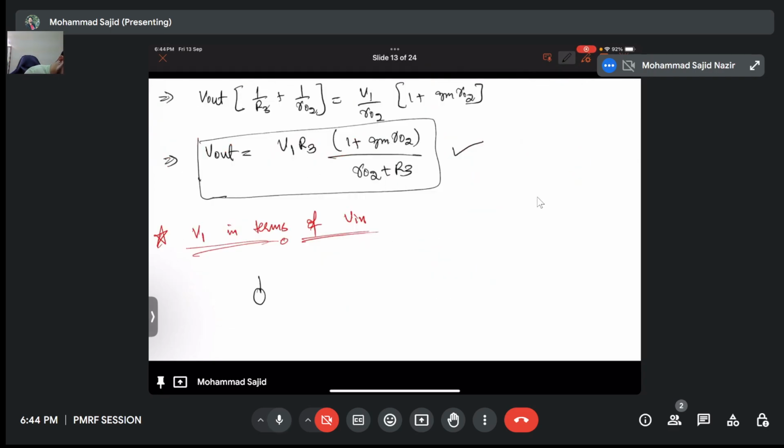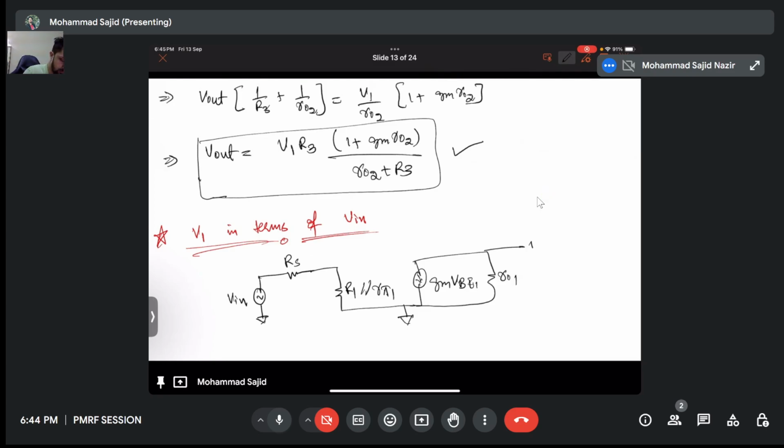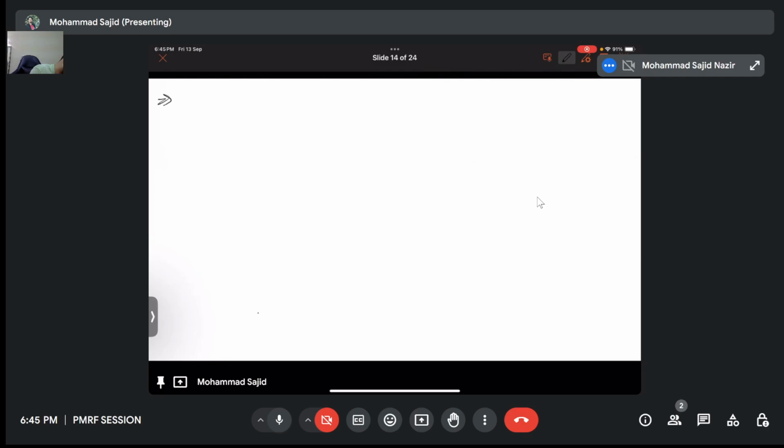So we have basically, if I take nodal analysis at this node here, I can write V1 by R01 plus Gm VBE1 is 0.